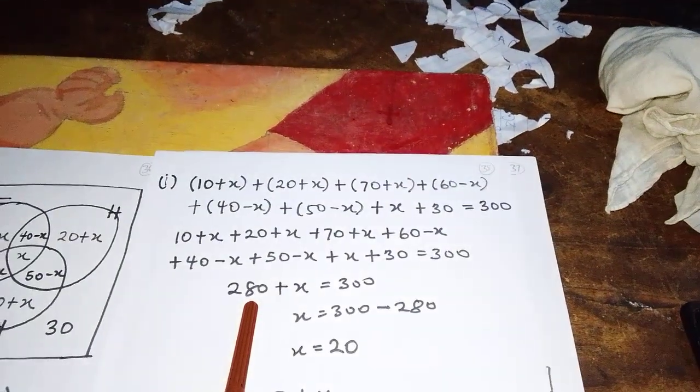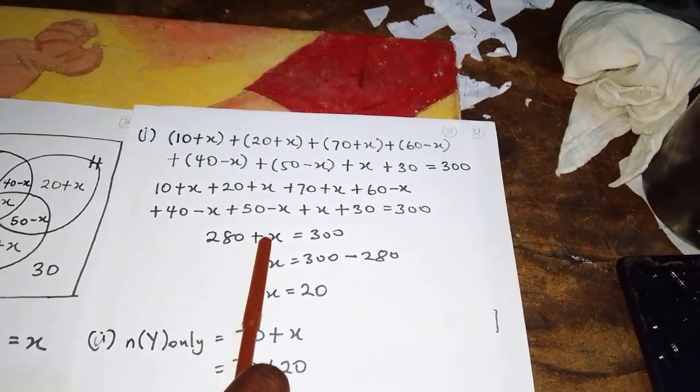So if you open the bracket, you have 10 plus x plus 20 plus x plus 70 plus x plus 60 minus x plus 40 minus x plus 50 minus x plus 30 is equal to 300. If you add those figures together, you realize you are having 280 plus x.